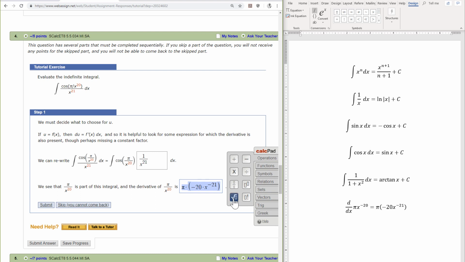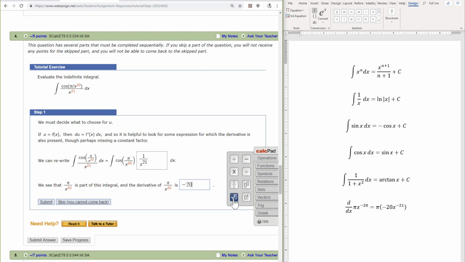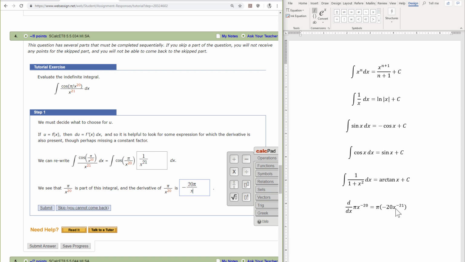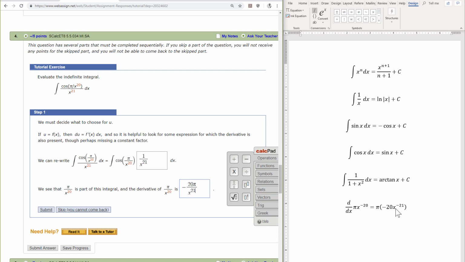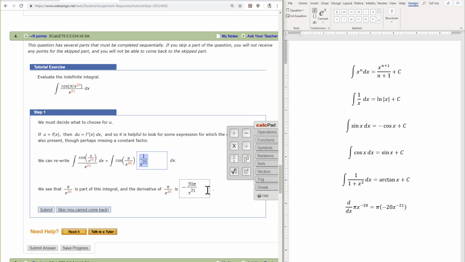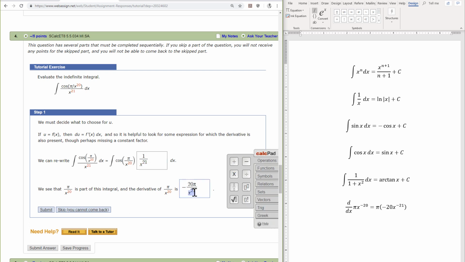So this is going to be negative 20 pi, and then x to the negative 21 is like saying divided by x to the positive 21. So we'll see that this is part of the denominator, which is exactly what we were looking for.